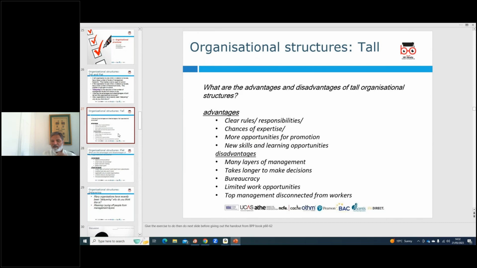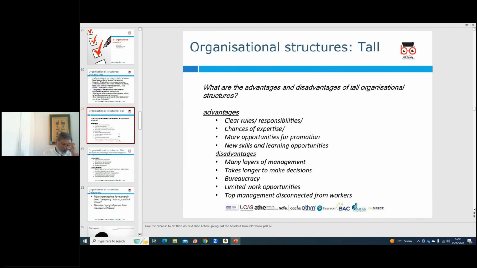Disadvantages are that there are many layers of management, and it takes a long time to make decisions. There are bureaucratic controls, i.e., one task needs to be approved by one manager, then checked by another manager, then by a third manager, so it is time-consuming. This is quite disadvantageous because it takes a long time to get things solved.